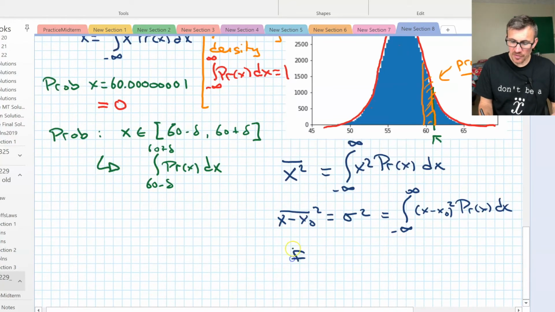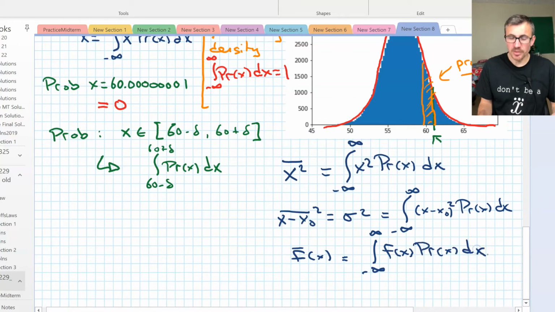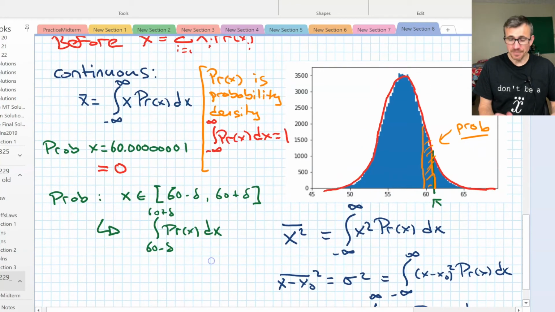So the average value of f of x, given that probability distribution, is just the integral of that function weighted by that probability distribution. We might use this once or twice, so it's a good thing to know. Most importantly, we want to know the mean from here, and occasionally we want to know the standard deviation directly. And this is a probability distribution.